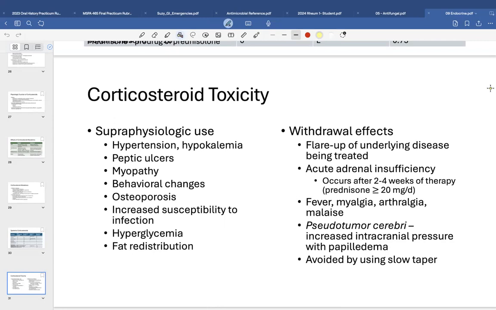They can cause peptic ulcers because of how they interact with your body's defenses against H. pylori, and also increase susceptibility to systemic infections.